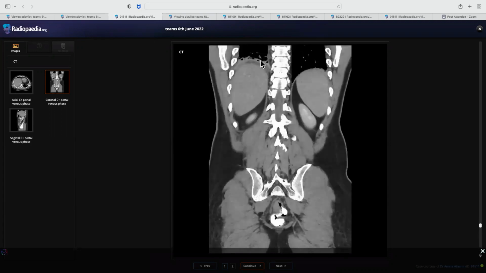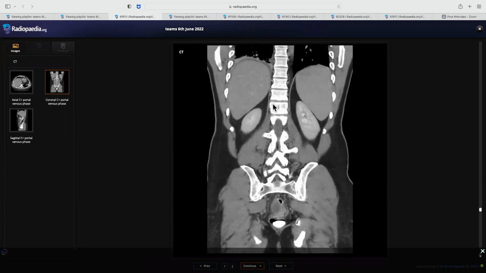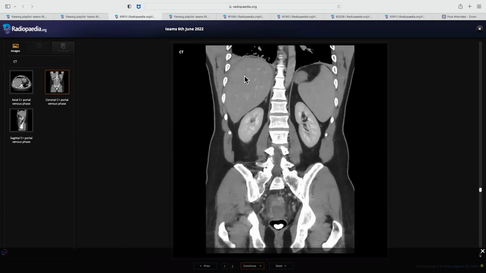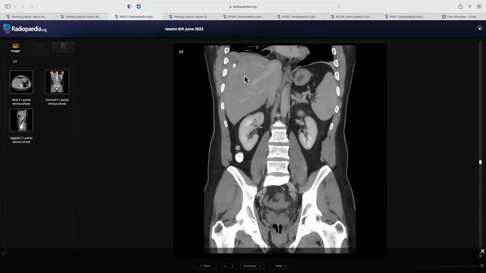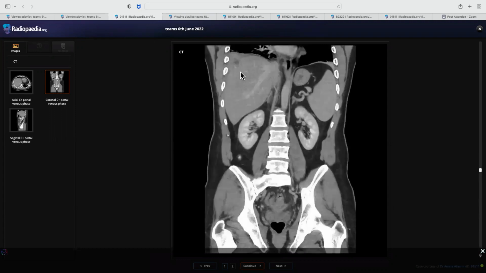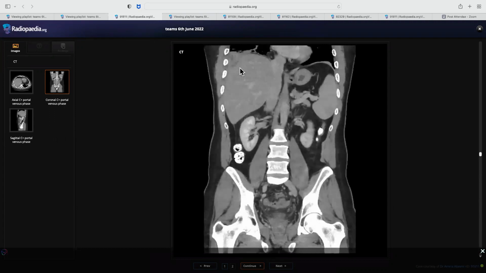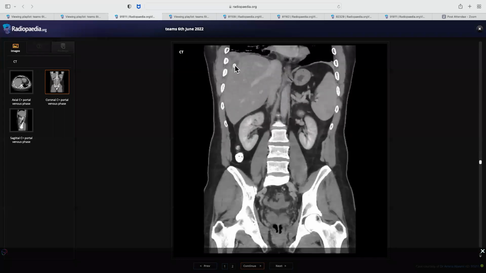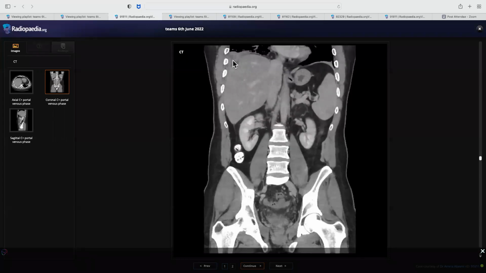There is also subsegmental atelectasis or consolidation within the lung, and I can see that there is as if there is discontinuity of the diaphragm. The patient had surgery in the lower abdomen on the right side.